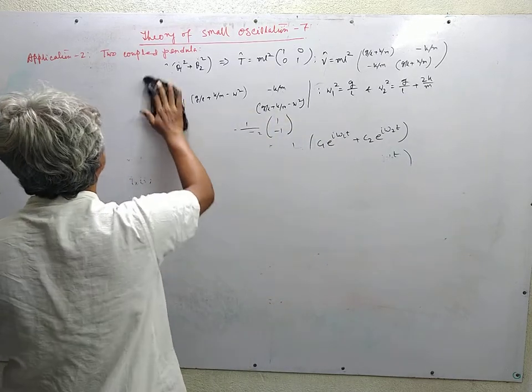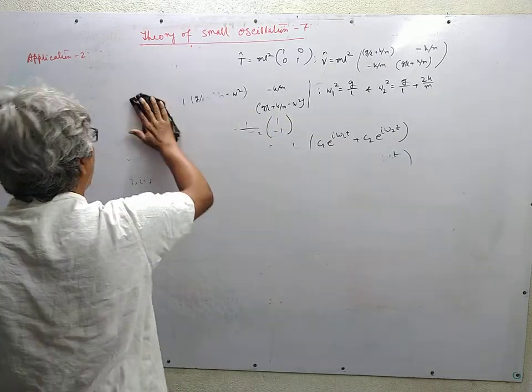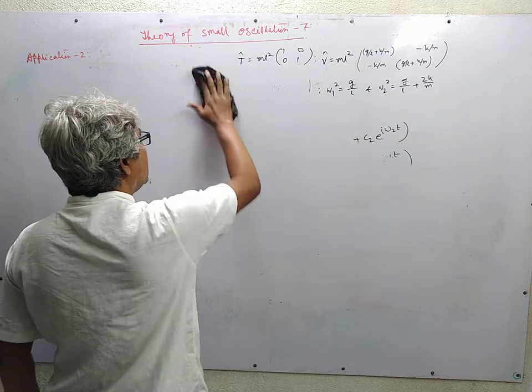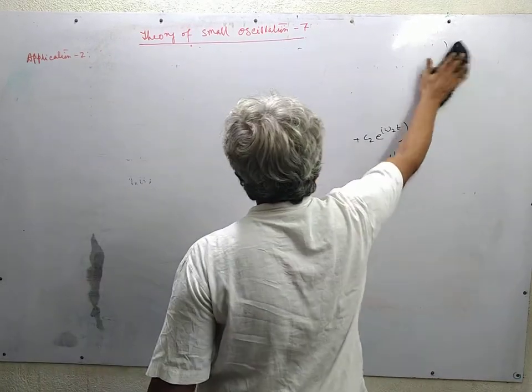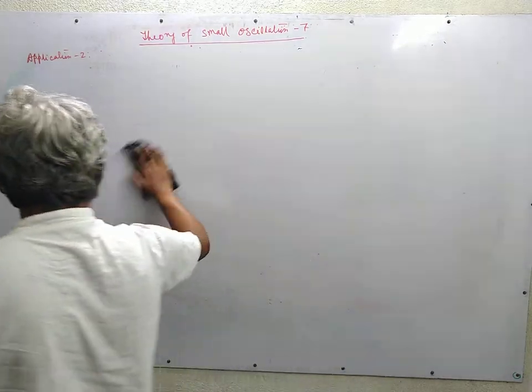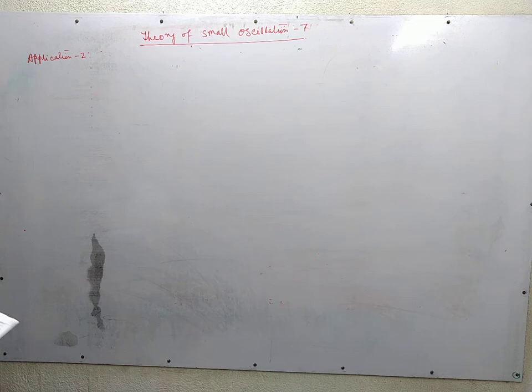As the third example, we consider again a system comprising two masses. I am confining myself to systems having 2 degrees of freedom, and they are connected by two vertical springs.